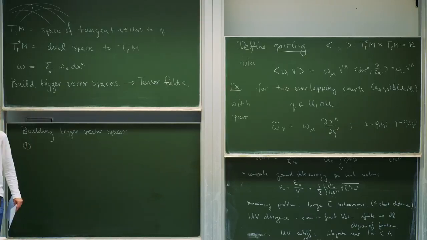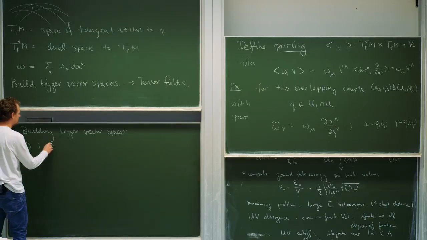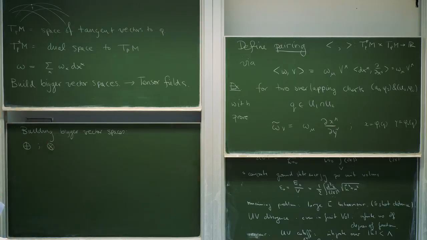You have the direct sum that takes two vector spaces and gives you a bigger vector space. But you also have another symbol, that's the one we're going to use today, namely the tensor product symbol. And this also takes two vector spaces and builds a bigger vector space.